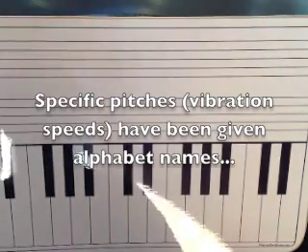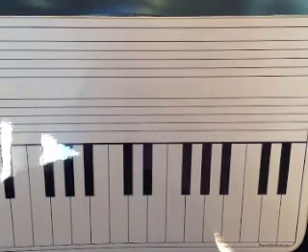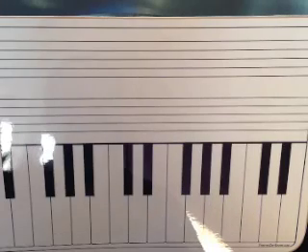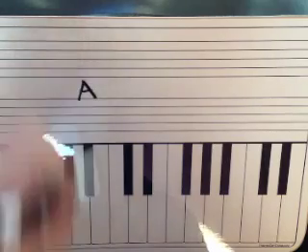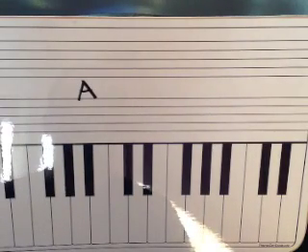In music, we have taken certain vibration speeds, in other words, vibrations per second, and given them arbitrary names. So if something is vibrating 440 times per second, we gave it the arbitrary name of A. And that's a note that we reference. When somebody says A440, they mean the sound that's going 440 vibrations per second.